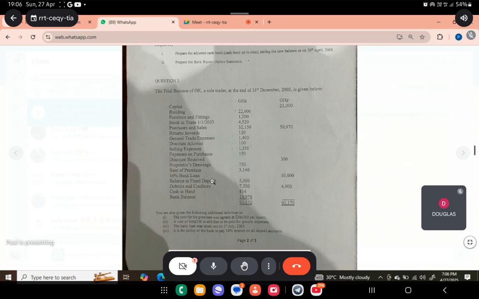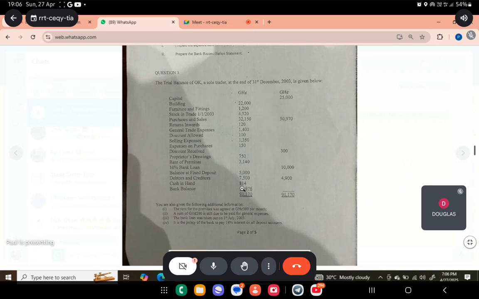Okay, so I'm starting now. It says that you are also given the following additional information, and the first one is saying that the rent for the premises was agreed at 300 cedis per month. So this means that you can see rent in the trial balance, right?